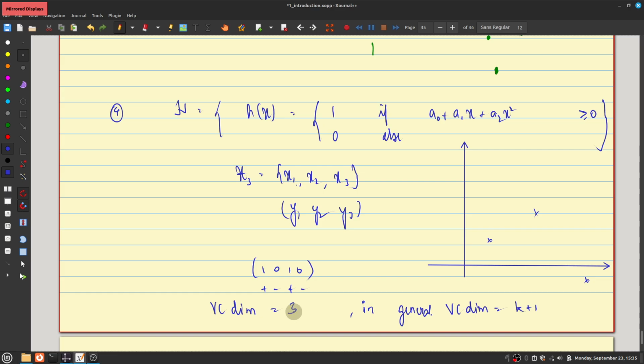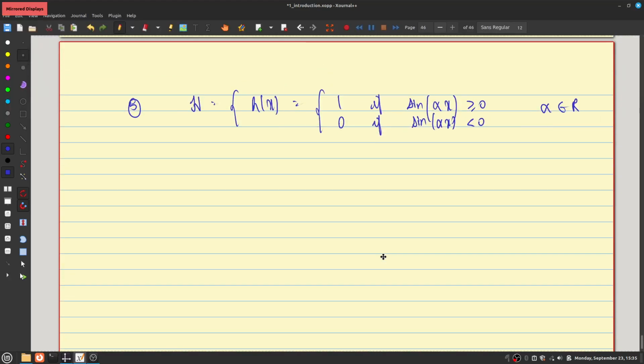The VC dimension is equal to 3, right? So if it's a polynomial of degree k, then the VC dimension is k plus 1, not because there are k plus 1 free parameters. That's the point I'm trying to make. The number of free parameters does not necessarily equate to the VC dimension in general.